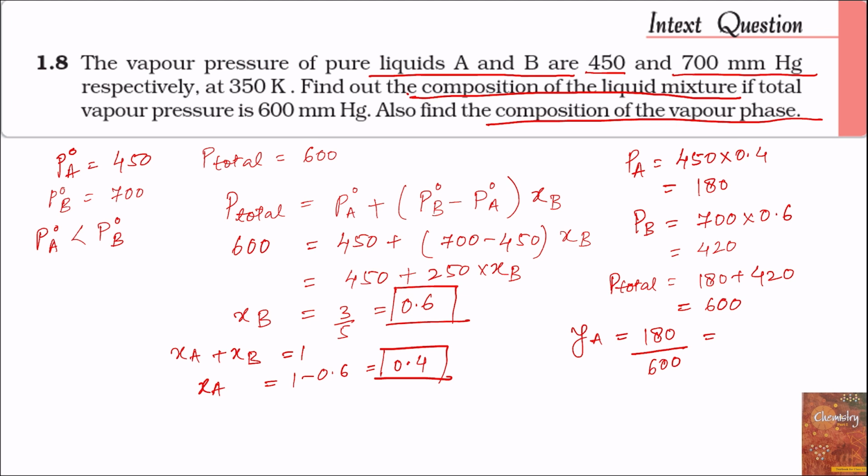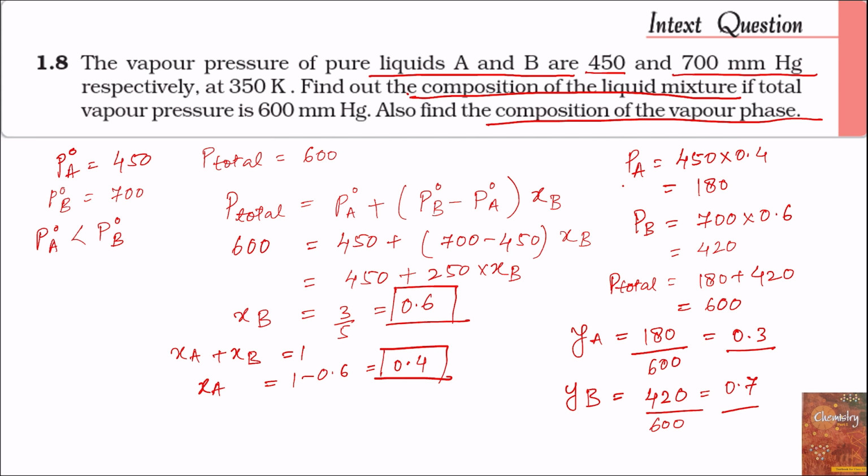So this is equal to 0.3, and mole fraction of B in vapor phase is equal to partial pressure of B, that is 420, divided by total pressure, that is 600, and this is equal to 0.7. So the composition in vapor phase is A is 0.3 and B is 0.7. Mole fraction of A is 0.3, mole fraction of B is 0.7.